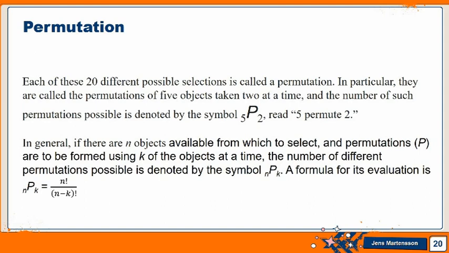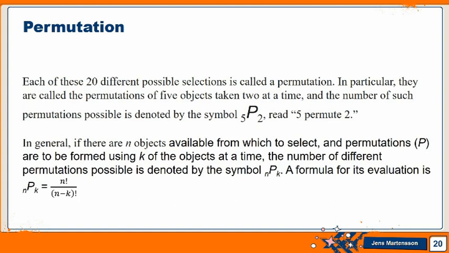So, if you will have problems regarding permutation, you can say that the letters A, B, C, D, and E are objects taken where they can take 2 at a time. And the number of such permutations possible is denoted by the symbol 5P2, read as 5 permute 2.